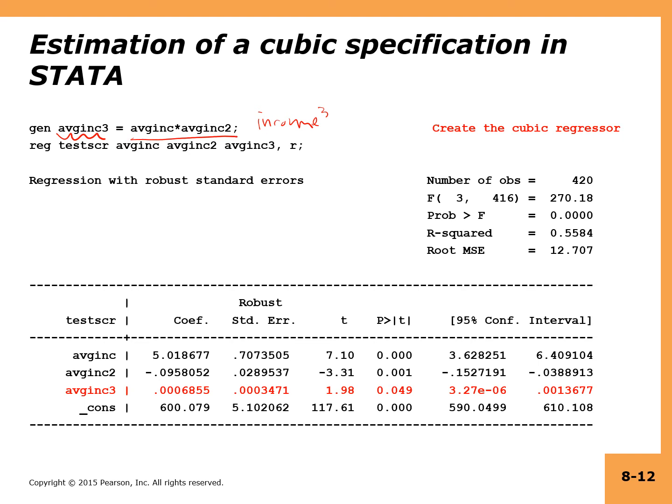And you run the OLS regression. You can see that the coefficient for the income to the third variable has a p-value that is less than 0.05, which means that the coefficient for income to the third, or cubic regressor, is statistically significant, meaning that we should probably keep the cubic regressor in our model.